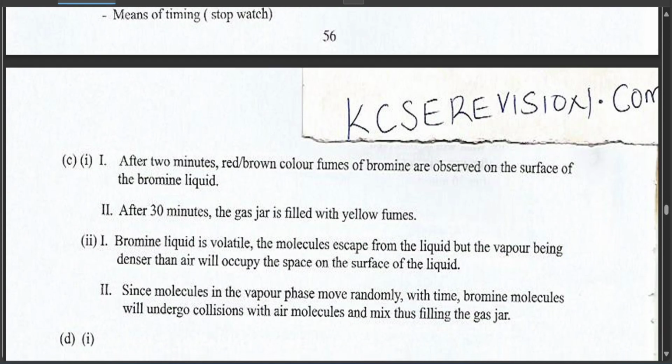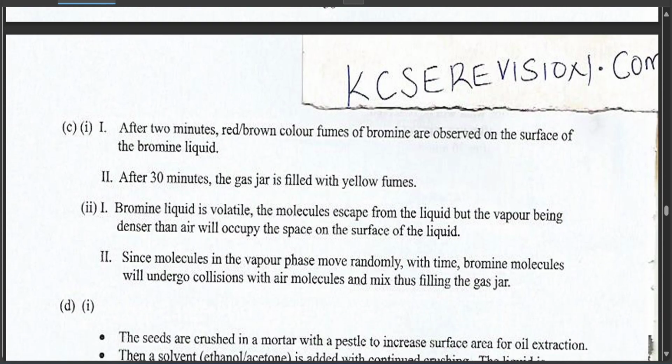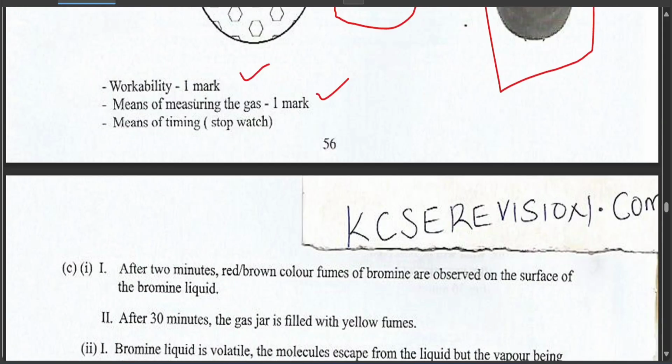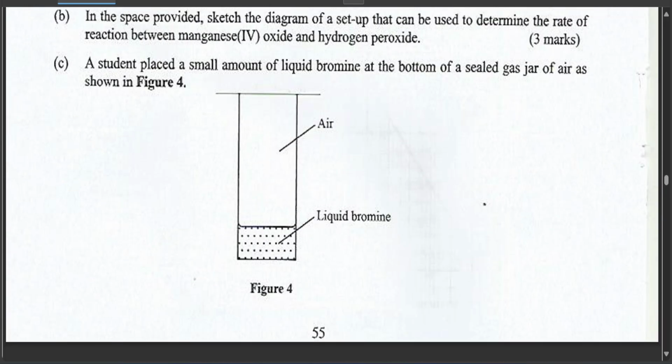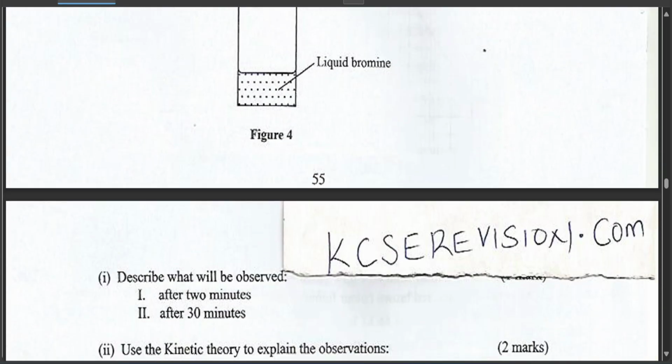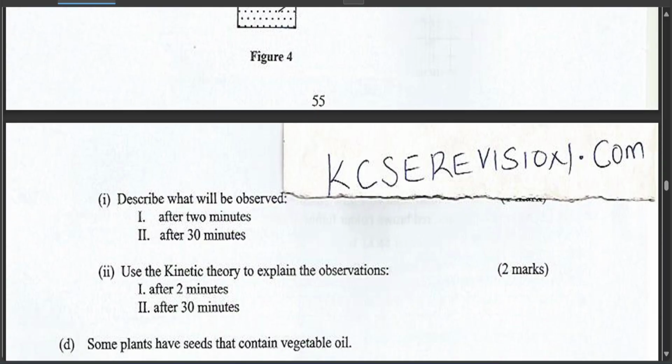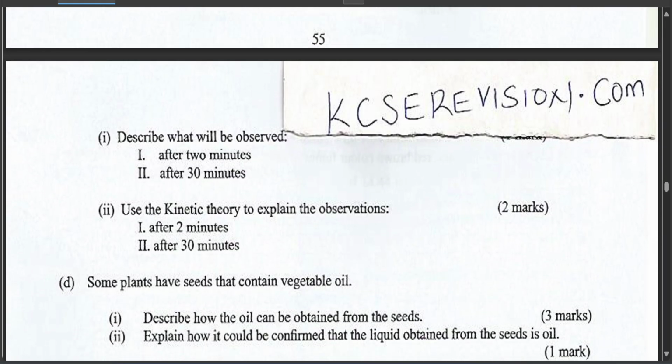For the other question, let's look at the question. You have liquid bromine at the bottom of a gas jar of air. The question asked you to describe what will be observed after 2 minutes and after 30 minutes, and to use kinetic theory to explain the observations.